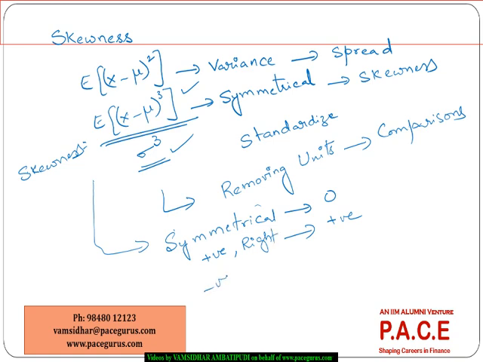And if I have a negative skewness or left skewed data, then the coefficient of skewness is negative. Graphically, if I am looking at normal or symmetric data, it is symmetric on both sides.